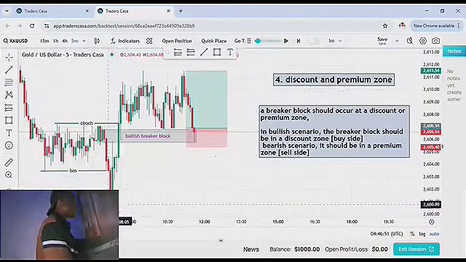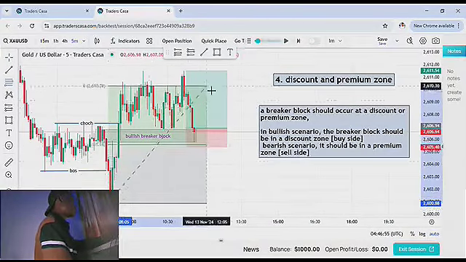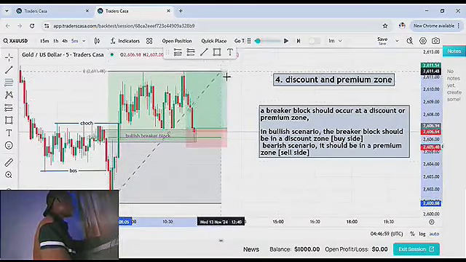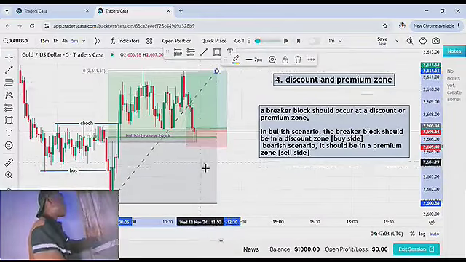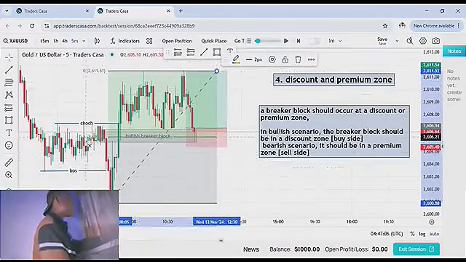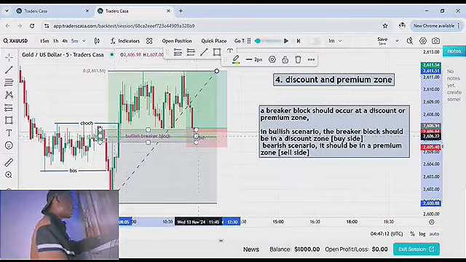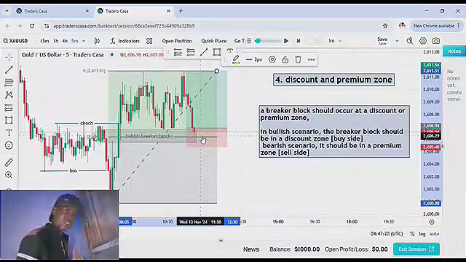If you mark from here all the way to the top right here, if we stretch it out, you can see the discount level is this 50% area. This 50%, you can see the green line, that's the discount level. Your breaker block should occur in your discount level. You understand?